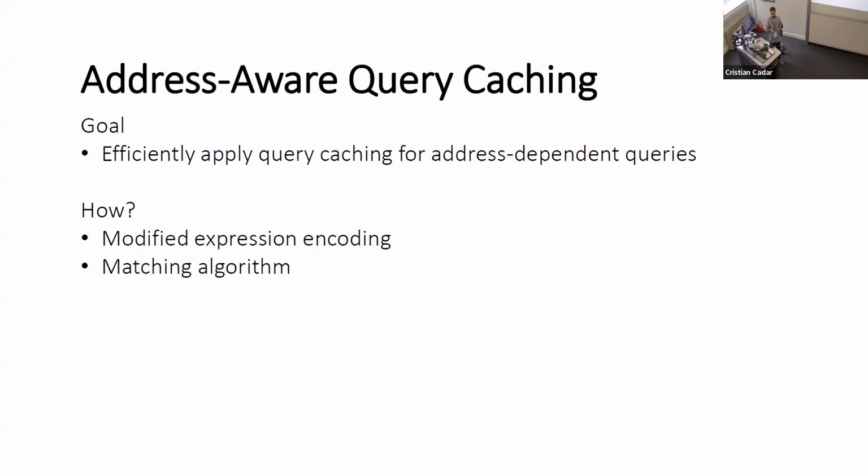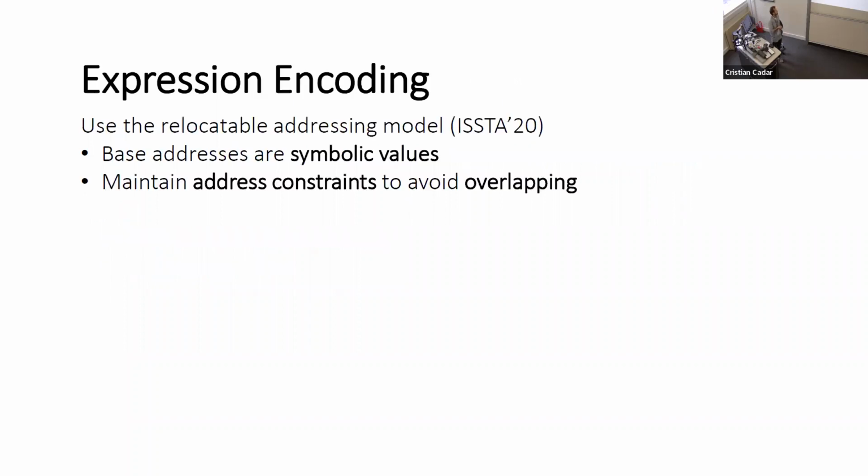So our goal is to efficiently apply query caching for these kinds of queries, and we're going to do it by modifying the expression encoding and then using a specialized matching algorithm. For the first part, we're going to use the relocatable addressing model where the base addresses are symbolic values instead of concrete values, and each symbolic state maintains a set of address constraints which help to avoid overlapping of different objects.